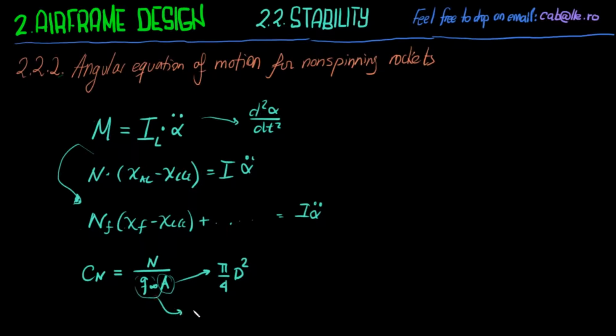And this is just the dynamic pressure, so it's half of the air density times the velocity of the incident wind. Actually, I shouldn't put maybe the subscript infinity, because as I told you before, you could see this as only the wind, not the incident air velocity.